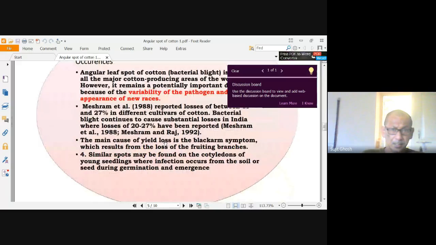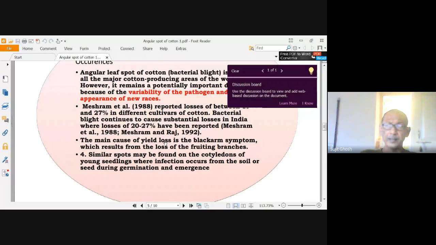Now, in the next slide, we will discuss the occurrence. Occurrence is divided into the part which is affected and the area which is affected. All the major cotton producing countries of the world have the problem of angular leaf spot. Now, it mainly depends on the environmental situation of that region.